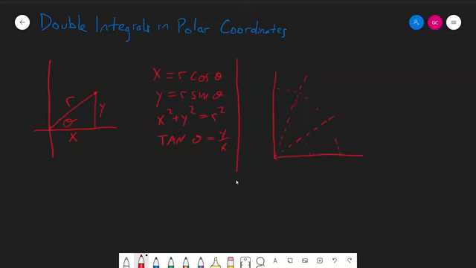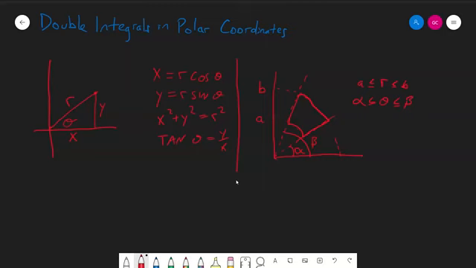And now let's look at this region right here, this sort of sector of a circle. So I have two different radii, maybe a radius of A and B. And so my region lies between two circles of these radii. And then I have these two angles. Maybe this first angle here we might call alpha. And then this bigger angle here we might call beta. So I can describe this in polar coordinates by saying r is between A and B, and theta is between alpha and beta.